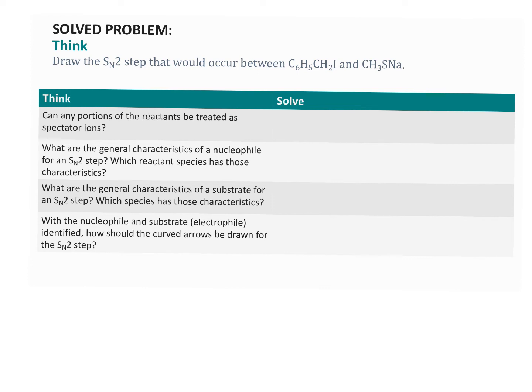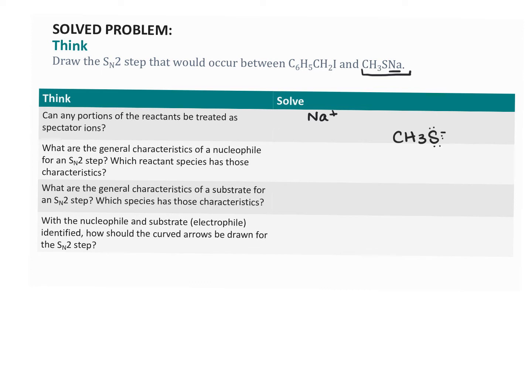And the answer to that is yes. When we look at CH3SNa, we know that Na is a group 1 metal. So that means that the Na plus can be treated as a spectator ion and ignored. And so the reactive species then is CH3S minus, right?